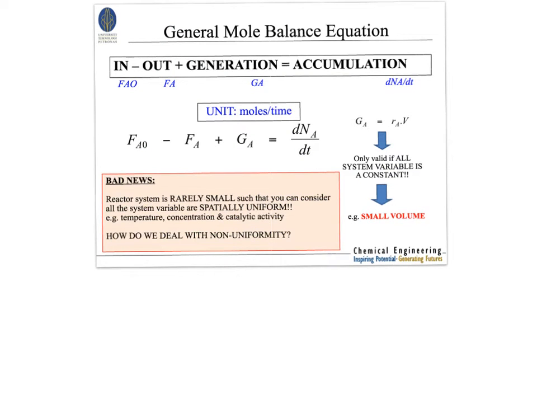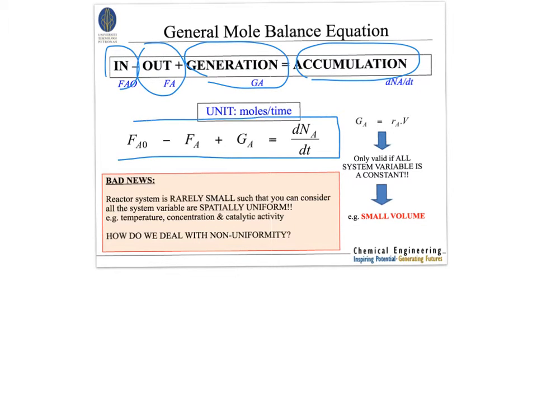So the general mole balance equation can be written as anything that comes in minus anything that goes out plus any generation inside the system equals the accumulation in the system. So for species A, you will have this general mole balance equation.